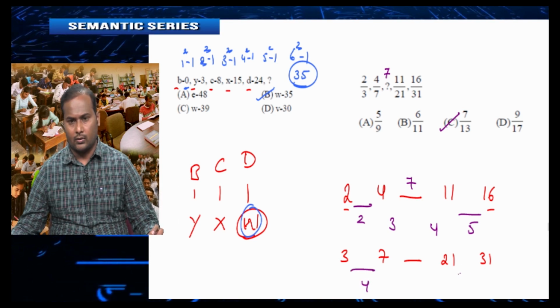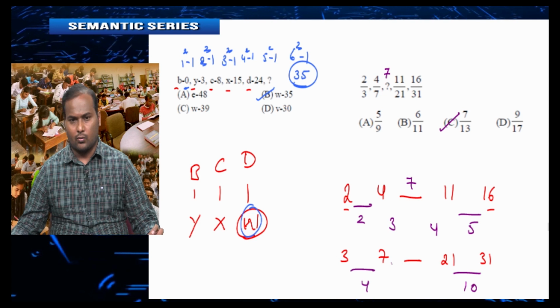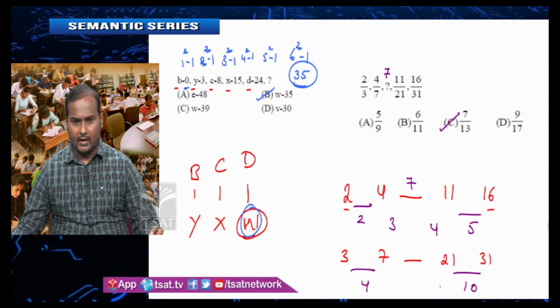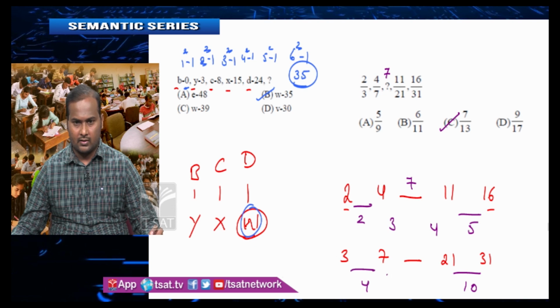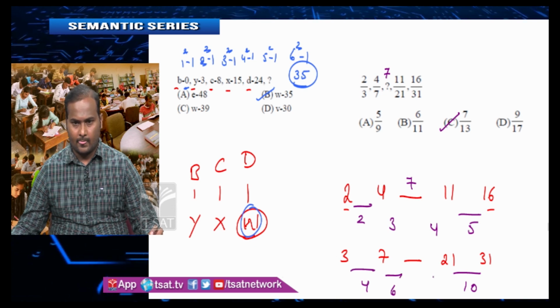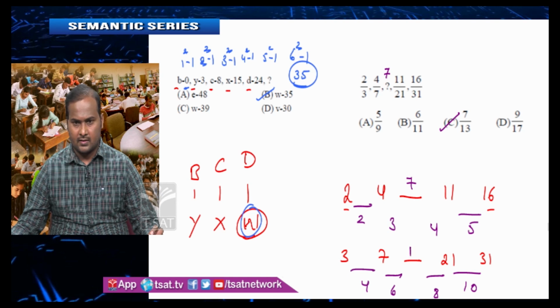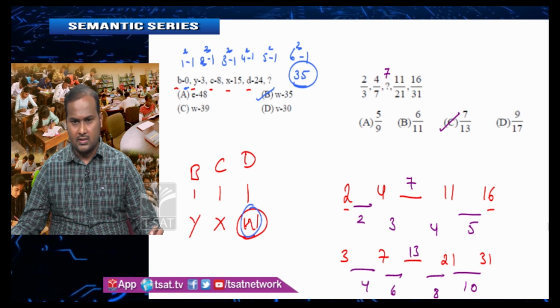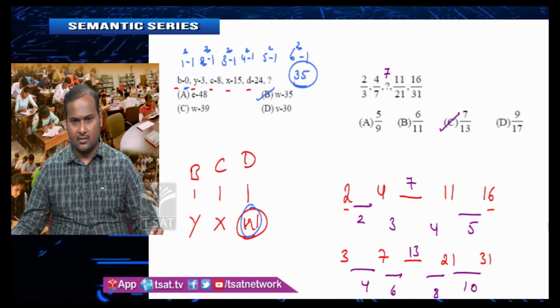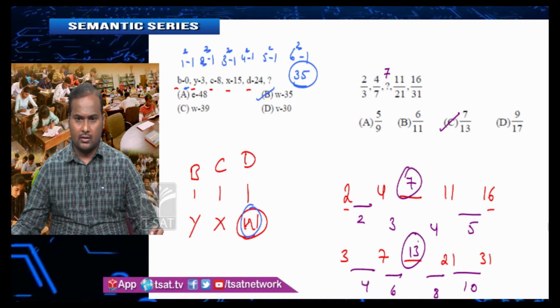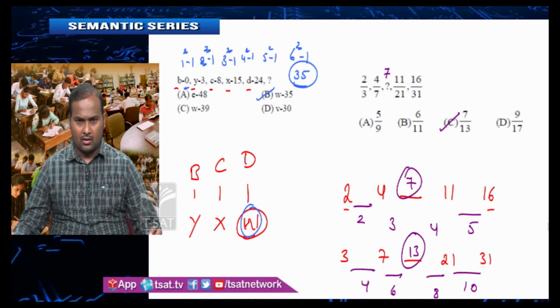Between 21 and 31 it is 10. So what might be possible in between? That is 4, 6, 8, 10. So obviously the difference here will be 6, and here the difference will be 8. So 7 plus 6 is 13, 13 plus 8 is 21, 21 plus 10 is 31. So your answer is 7 by 13.